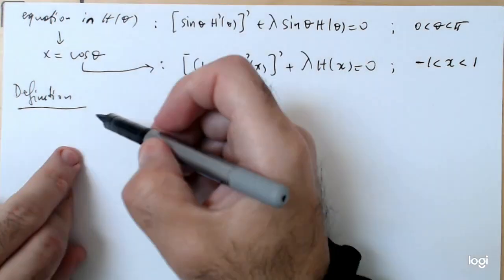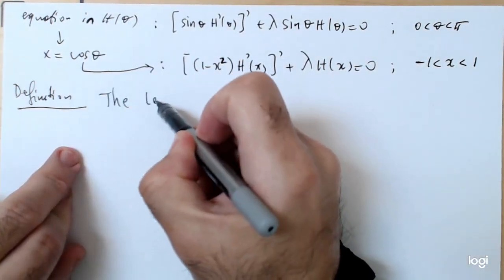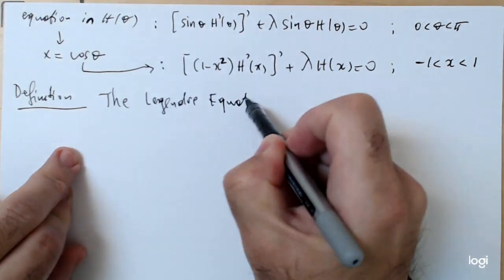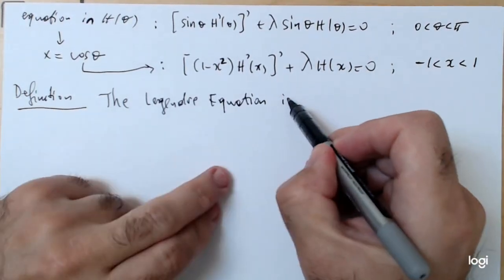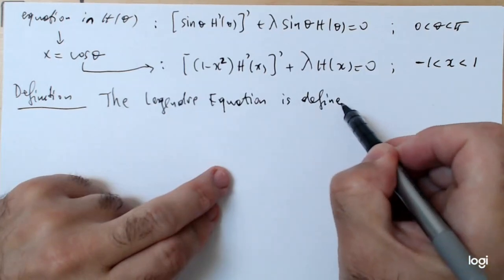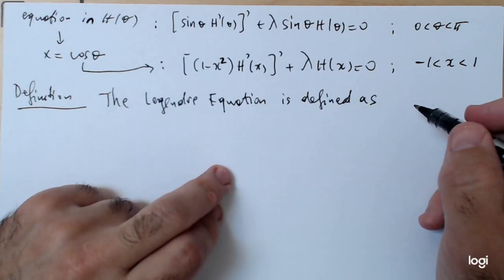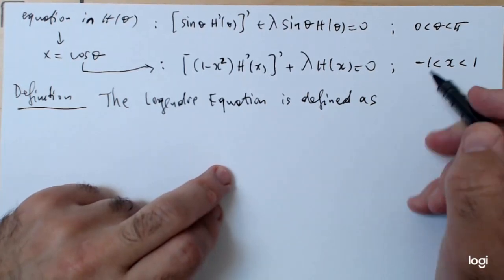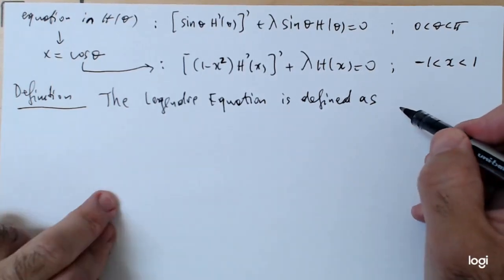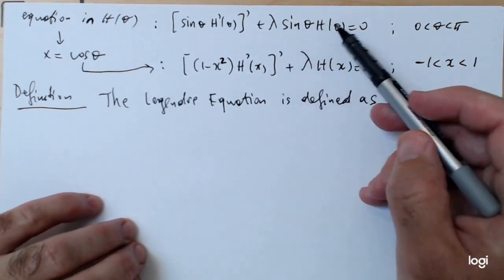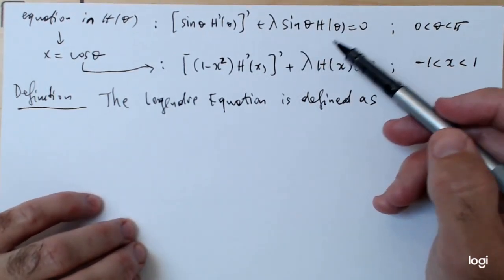The Legendre equation is defined as, and remember, just for standardization, we denote in this case the dependent variable as y, I mean y of x, just to make a standard formula, so to speak, because again, in various problems you will have different notation.